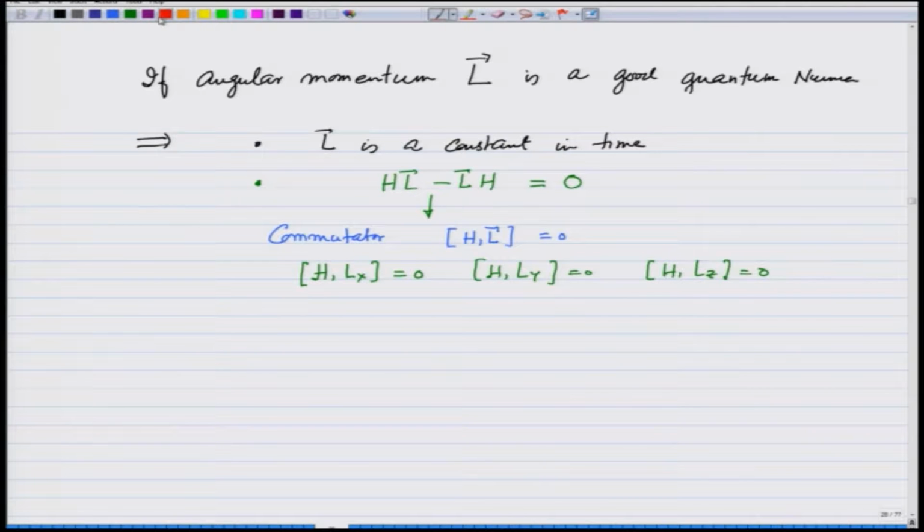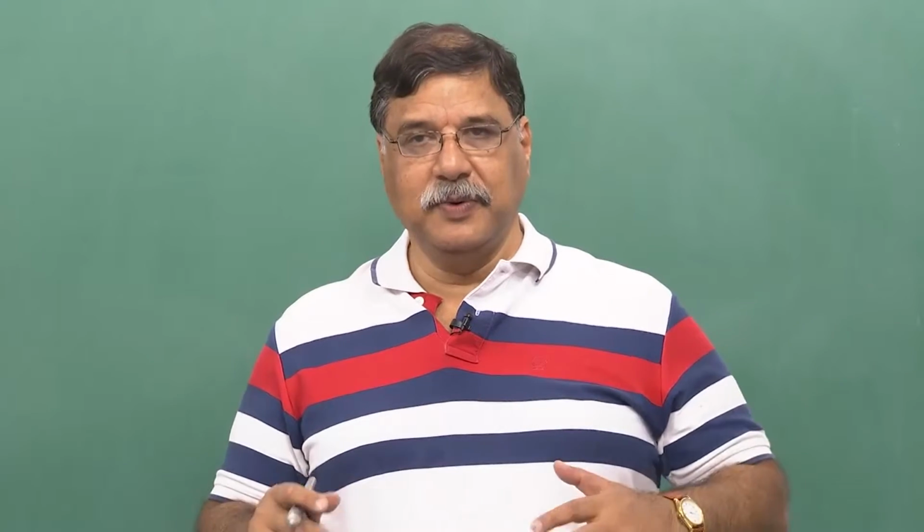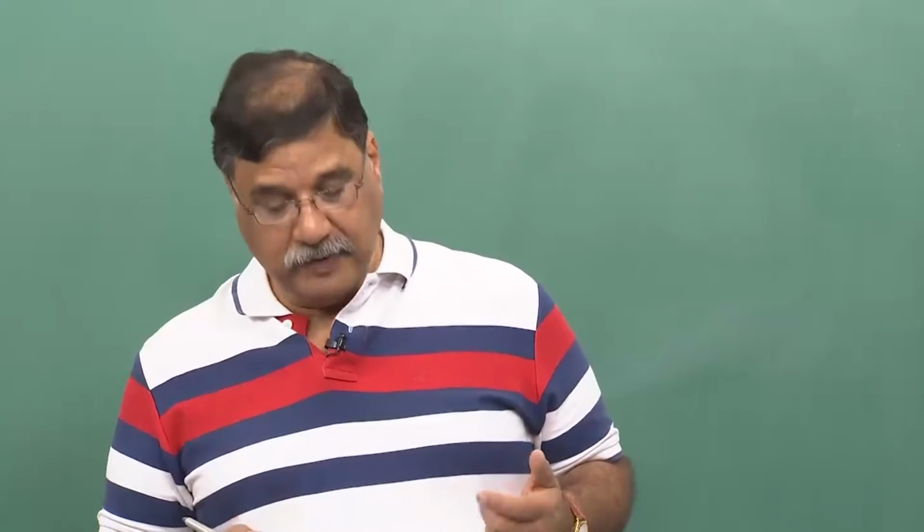And if they are 0, this also implies that H and Lx or Ly or Lz, not necessarily each one of these, but H with Lx, H with Ly or H with Lz can have common eigenstates. Then only the wave function, that is a solution of the Schrodinger equation, would have each component being conserved, because the wave function does not change with time and therefore that eigenvalue remains the same.